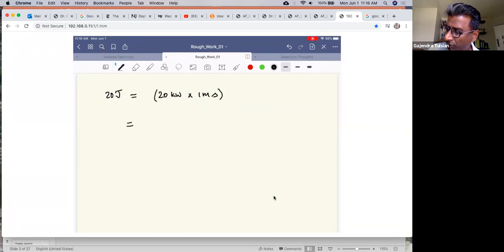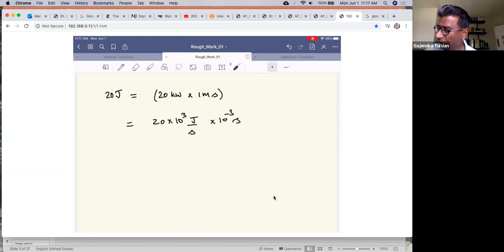Okay, so here's what I've done. This is 20 into 10 to the 3 joules per second into 10 to the minus 3 seconds. So the 10 to the 3 will cancel the 10 to the minus 3, the second will cancel, and that's equal to 20 joules.